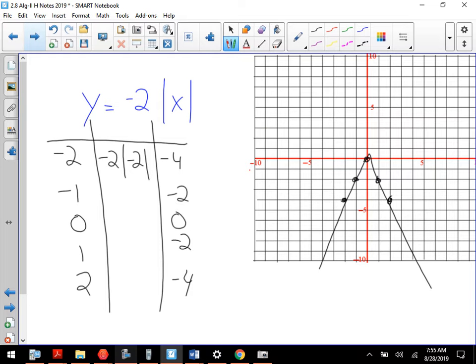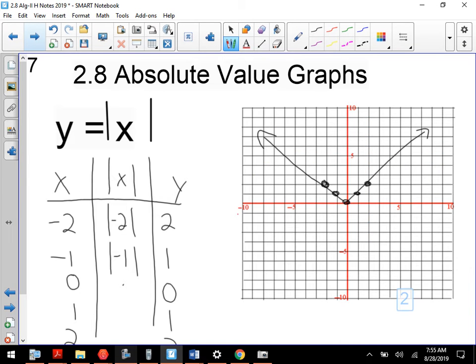Also, what are the slopes of those two lines? 2 and -2, isn't it? I wonder what's happening. What's the slope of those lines? 1 and -1.